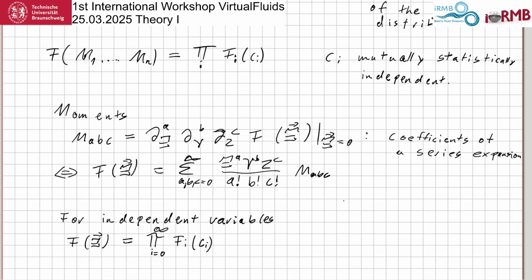So if we want to write this not as a product, but in the form of a sum, because we'll see that we have a sum here, then what we have to do, obviously, is take the logarithm of the product. So we take the logarithm of f of xi, and this becomes the sum over i from 0 to infinity of the logarithm of these now independent factors, f_i and c_i. So therefore, now we have it as a sum.